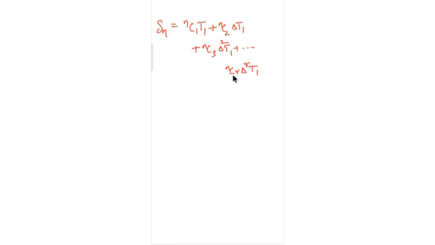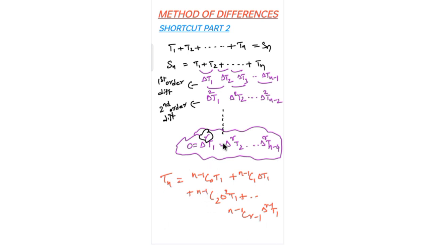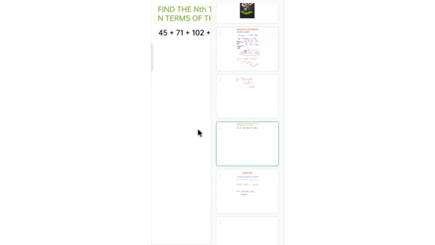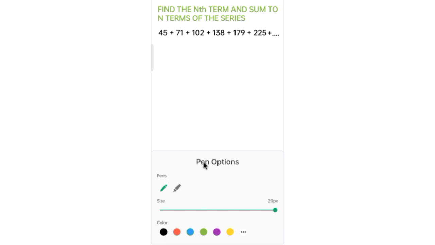So this is the value of Sn, and this is how you calculate Sn. Tn, you can just evaluate in this way. So we'll do an example so that we can get clarity.